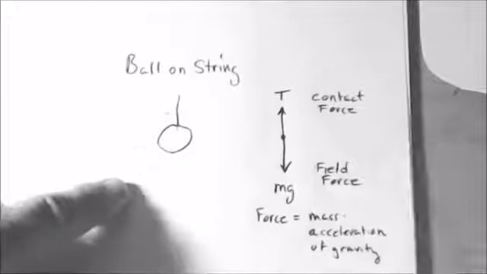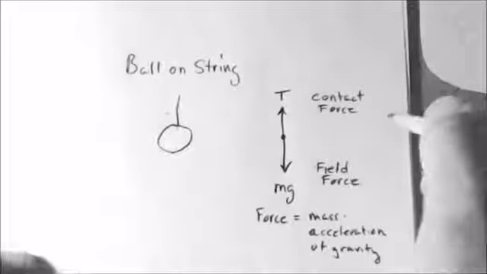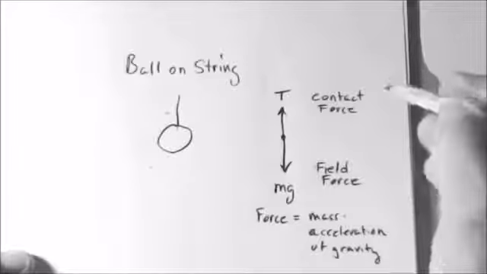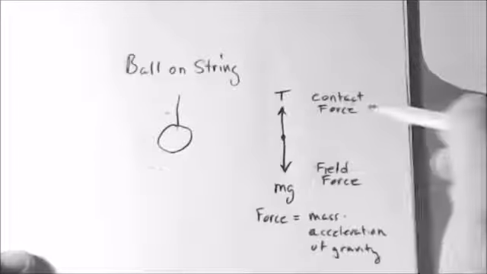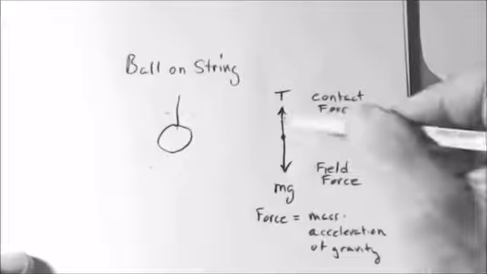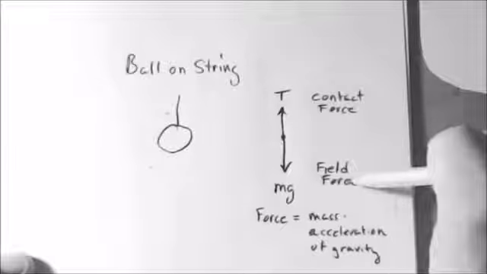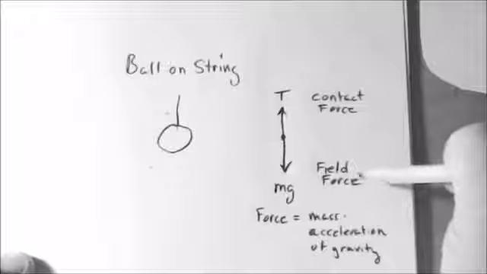There are all types of forces, but they can generally be broken down into contact forces, where there's something tangible, in this case a string hanging off the ball, and then there are field forces that are acting at a distance.